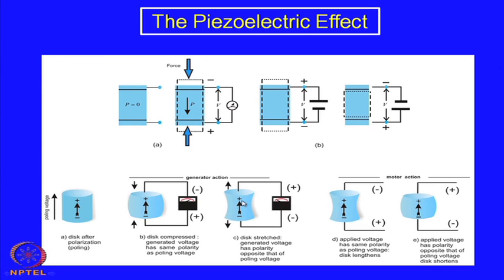So, the dimensions are changing not only in the direction of the application of the mechanical stress, or the normal stress we call it, but also in the orthogonal or perpendicular directions. So, that is also an important complication one has to consider when we are applying this kind of phenomena.